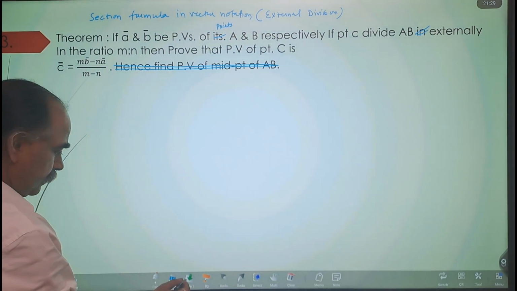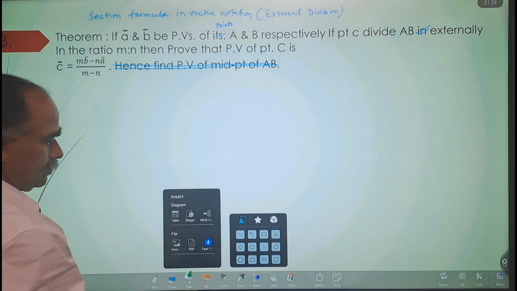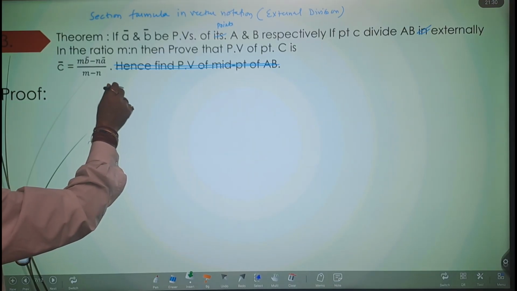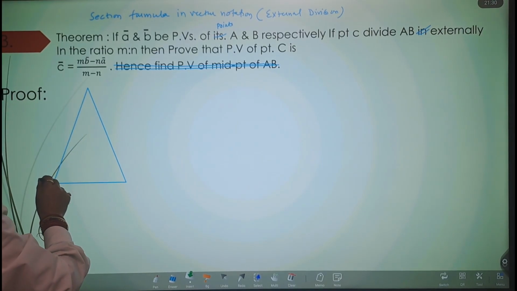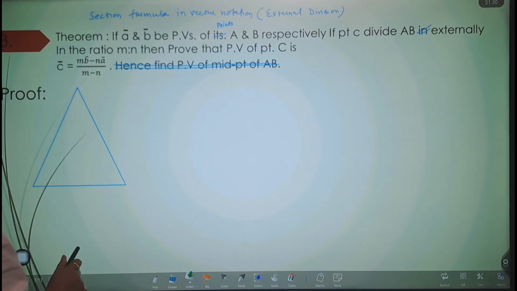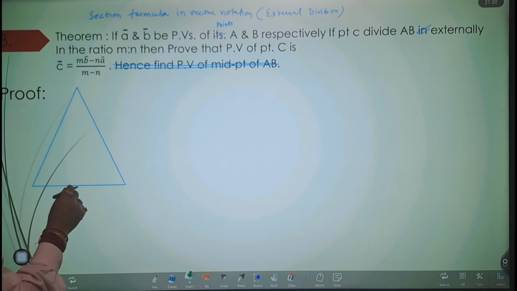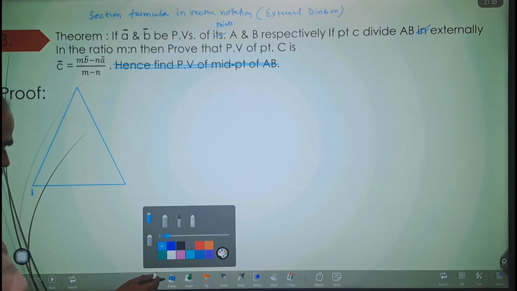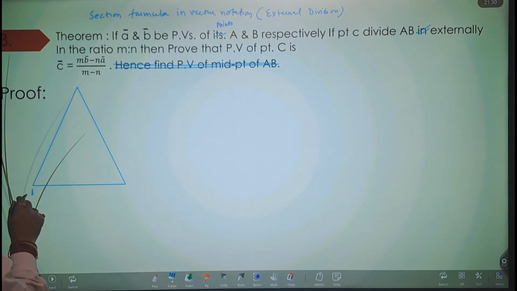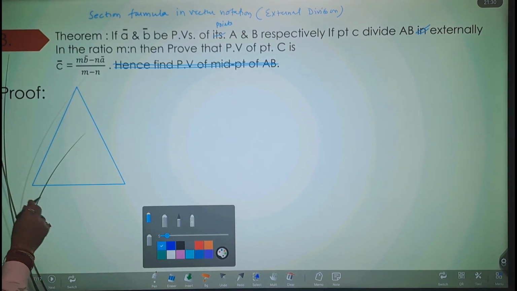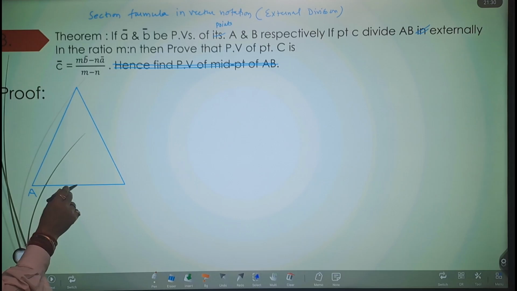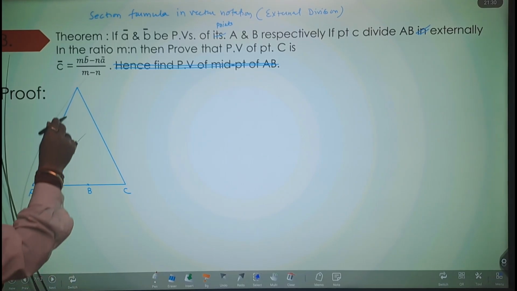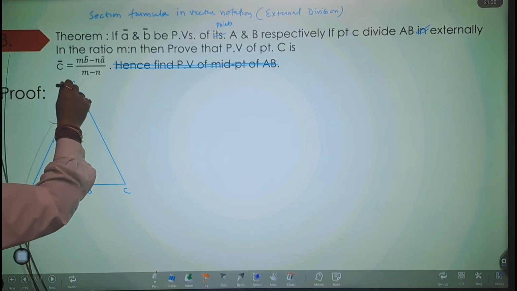See the proof. This is segment AB. A, B, and this is point C. This is origin.